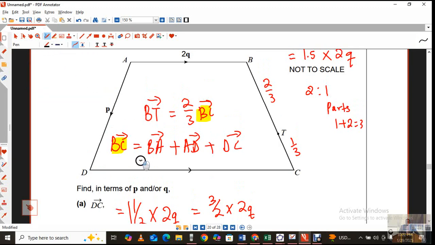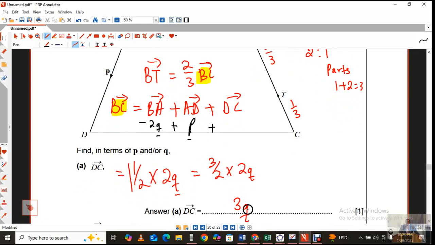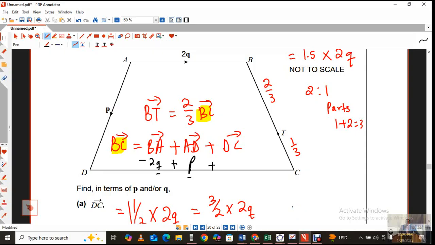AD, now if you look at AD, you are going along that vector P. So it's not against it, you are going with it. So AD is plus P. And what is DC? We already determined what DC is from part A. Our DC is 3Q. So we'll just write 3Q.